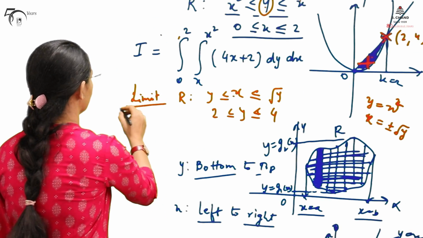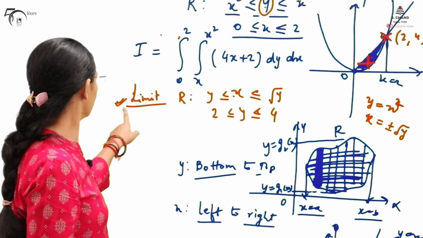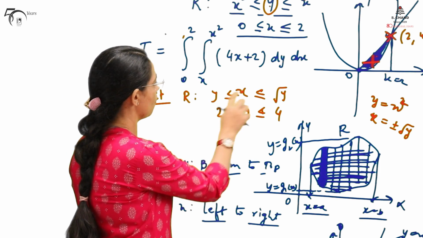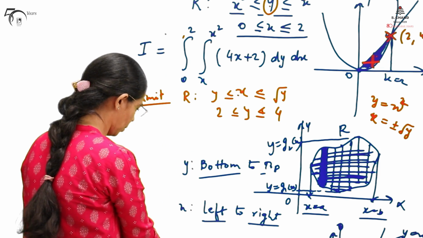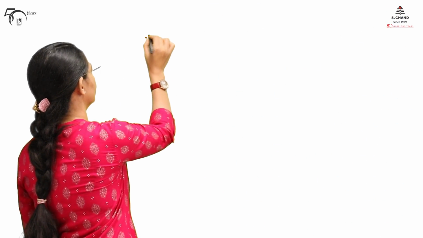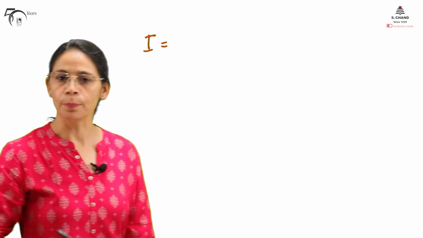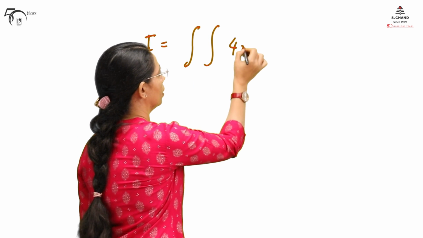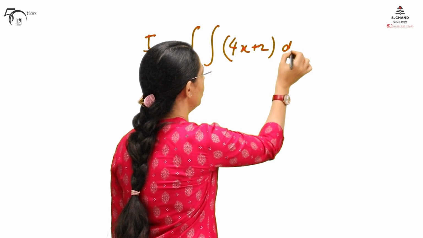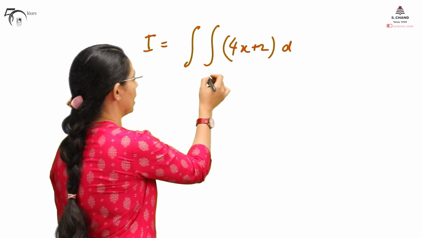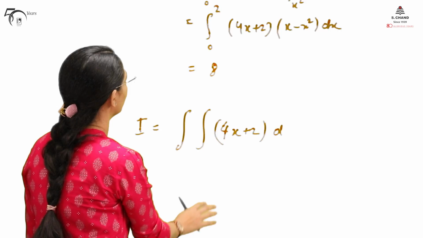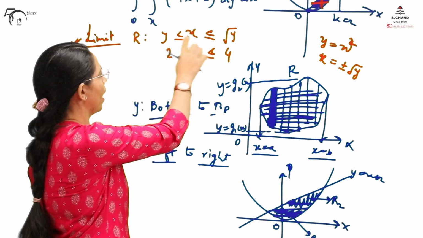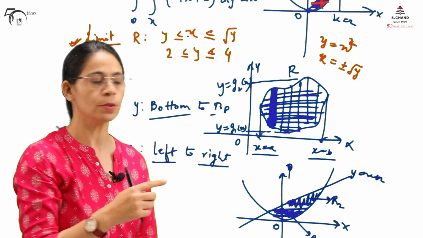Now we will take the same region of integration, but like this. Your x is moving from y to under root y, and y is moving from 2 to 4. So we will compute the same integration by changing the limits. The integrand is 4x plus 2, and this time the limits for x are from y to under root y, and for y it is from 2 to 4.